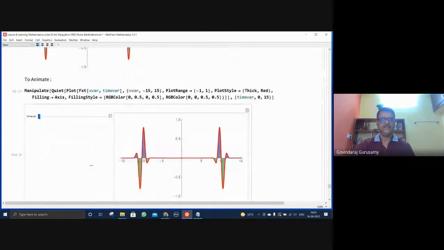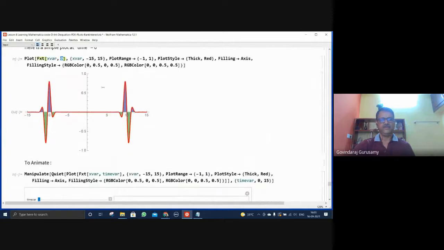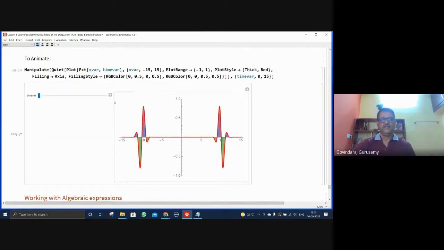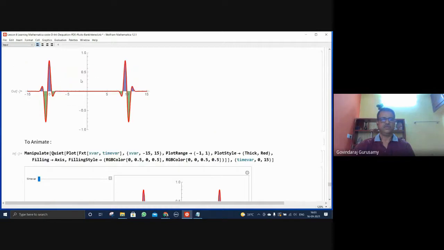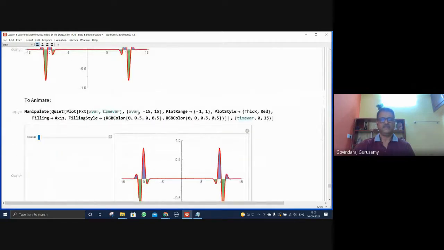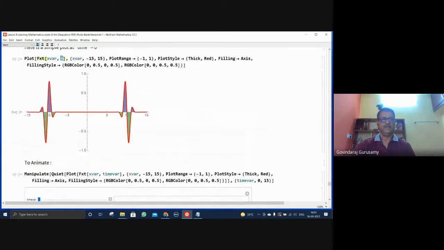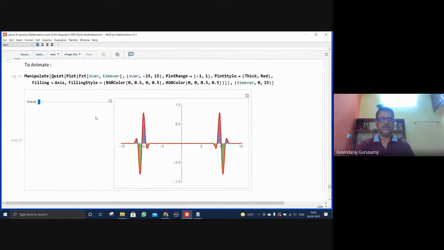That's what the animation is going to show. It's a function of time. They are going to move towards each other, 0 to 15 seconds, and this is the initial position.